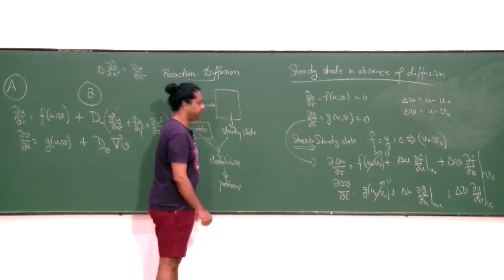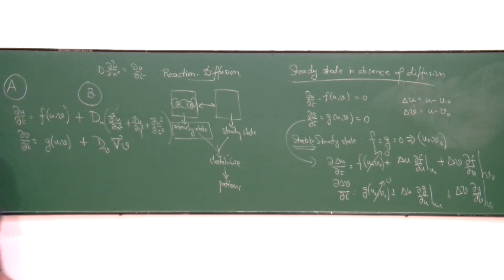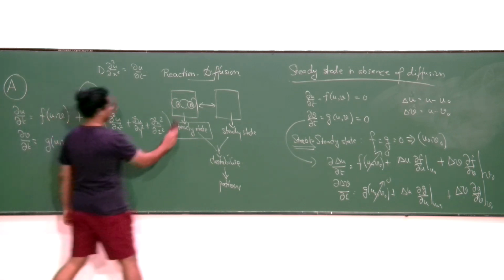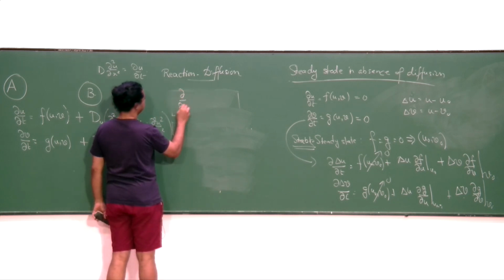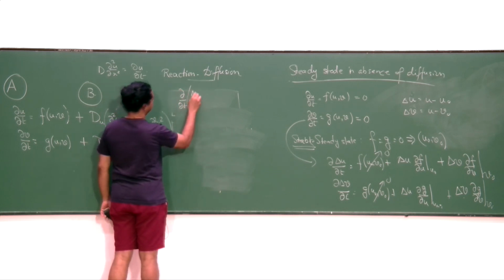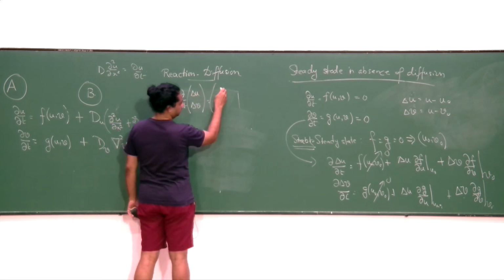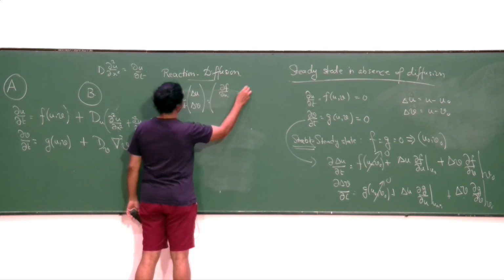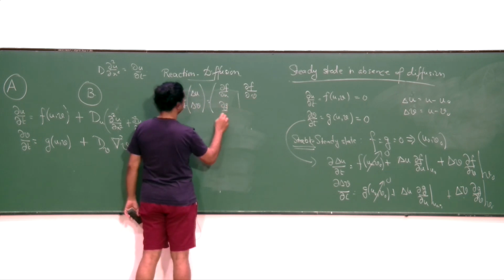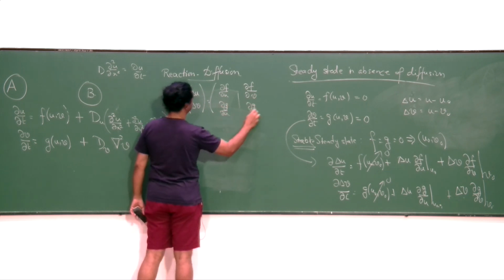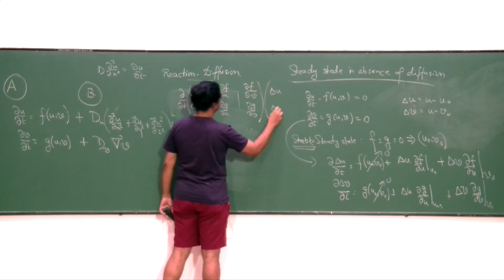So essentially the equation that we have to solve, we can write in this nice matrix notation: del t of these deviations, delta u delta v, is equal to the matrix del f del u, del f del v, del g del u, del g del v, times again the vector delta u delta v.